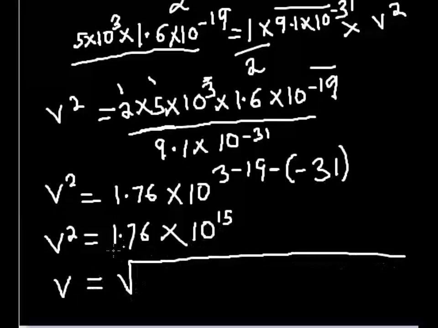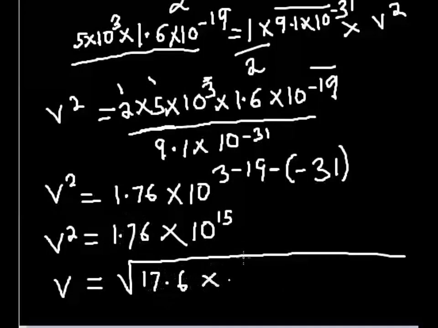You can decide to work with 10 raised to the power of 15, or you can do something like this. You can just push this decimal point forward to give you 17.6. Why did I do that?